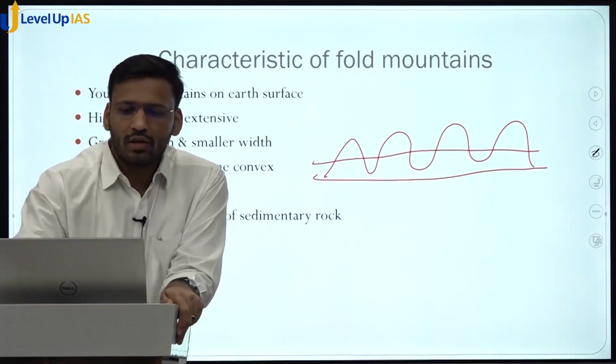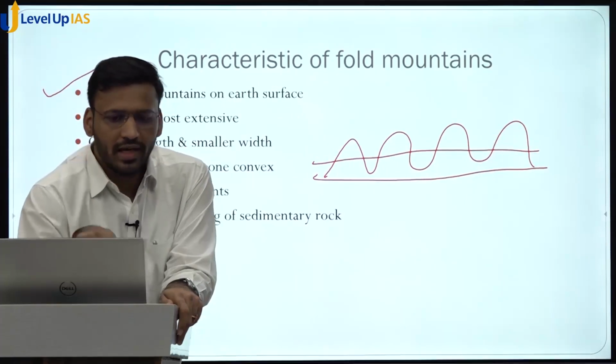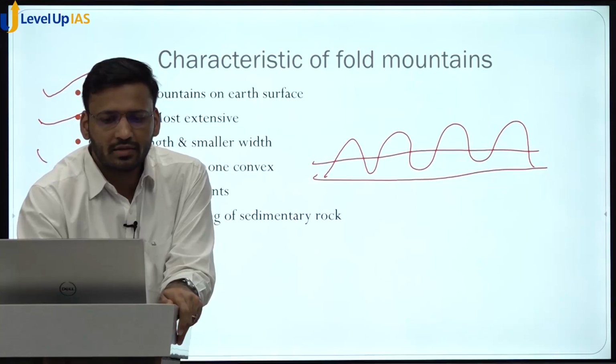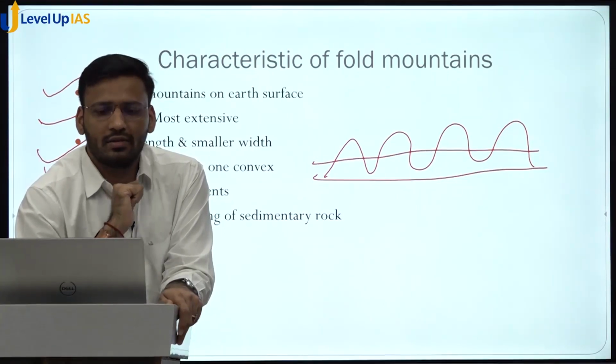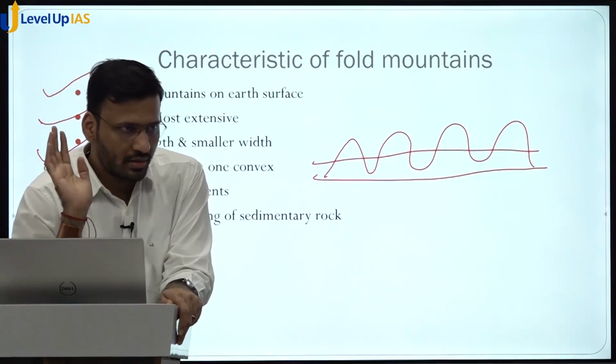Okay. So they are the youngest mountains on the surface of the earth. Then they are the highest and most extensive, greater length and smaller width, one side concave, another side convex. Then they are found on almost all the bigger continents.